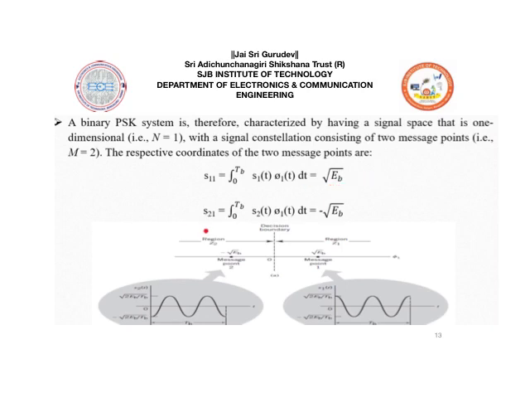Similarly, s21 is equal to the integral from 0 to Tb of s2 of t into phi 1 of t into dt, that is equivalent to minus square root of Eb.